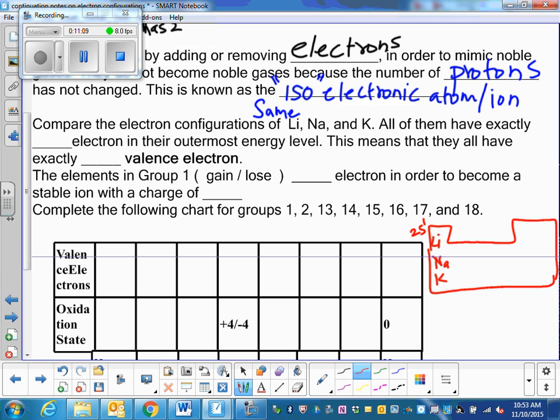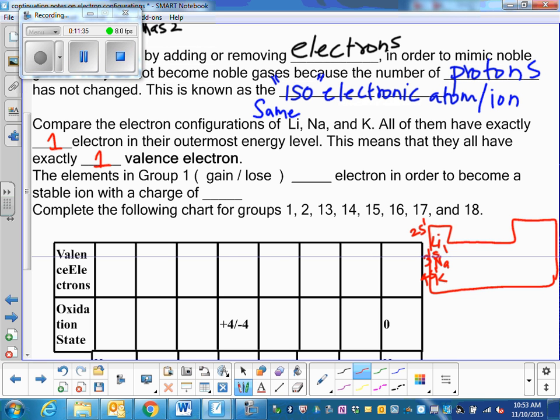What will sodium's end in? 3s1. What will potassium's end in? 4s1. Because their electron configuration ends in s1, how many valence electrons will these group 1 elements have? 1, all right? So they have 1 electron in their outermost shell.